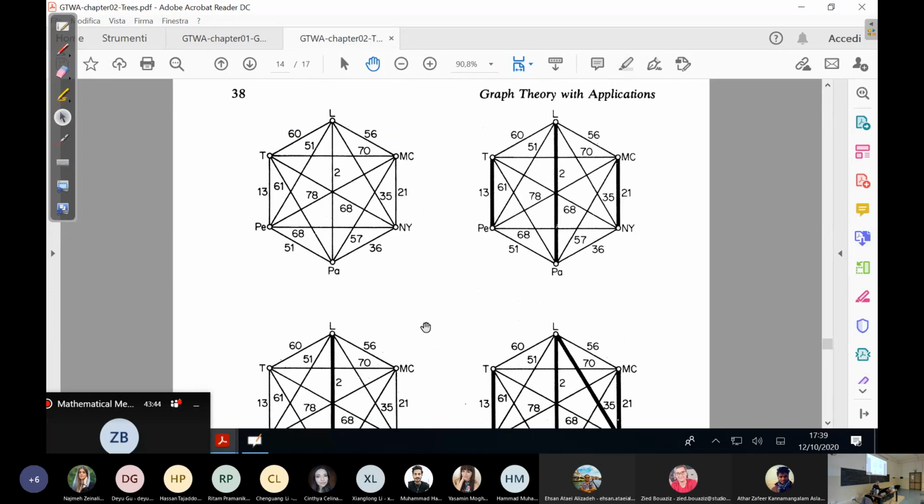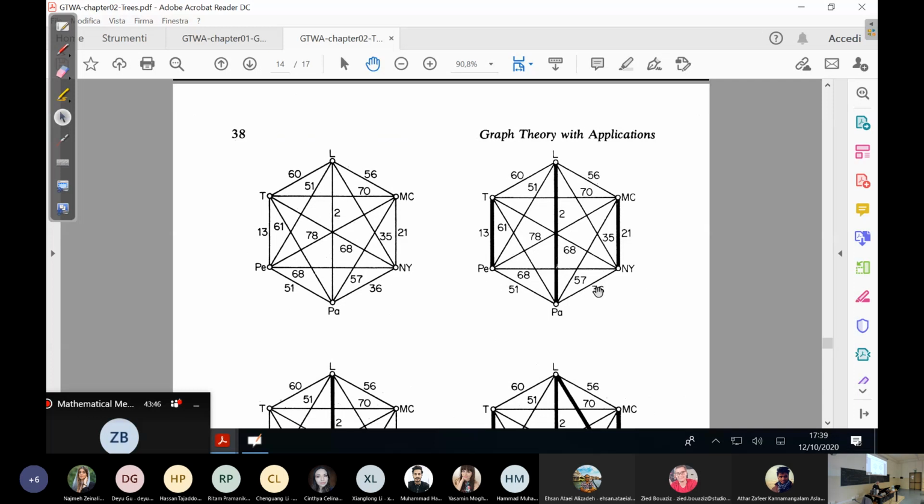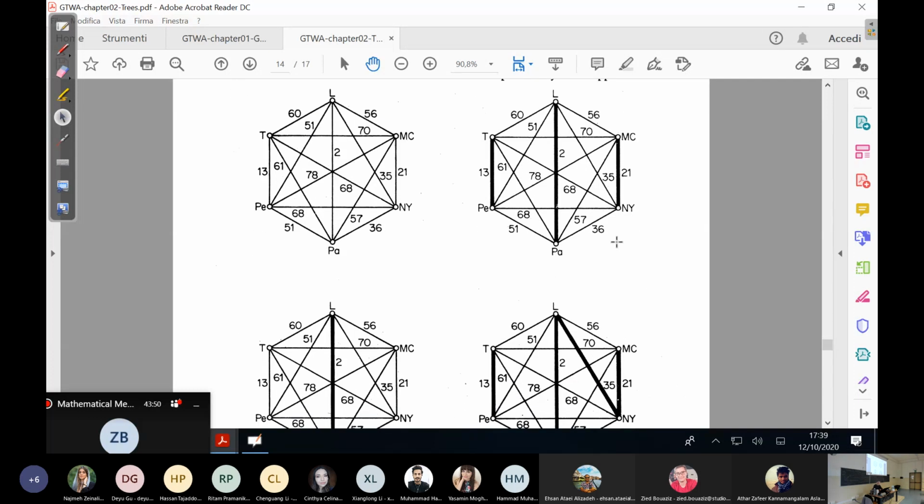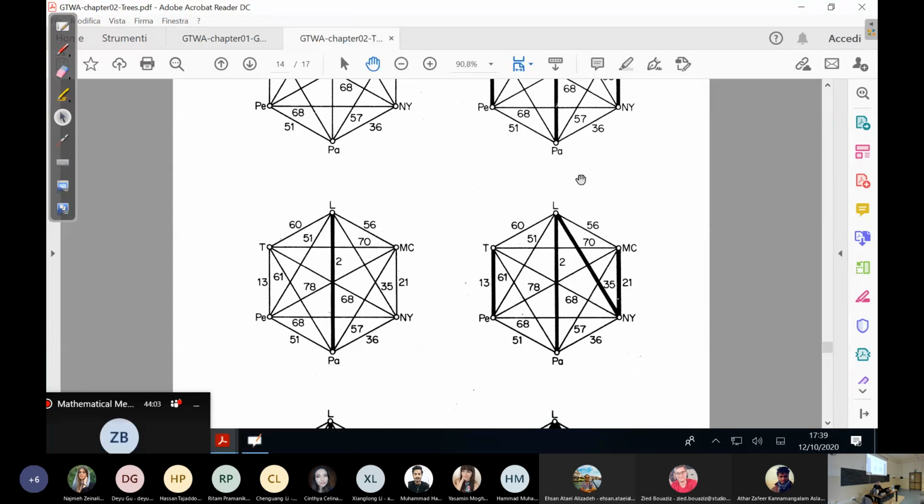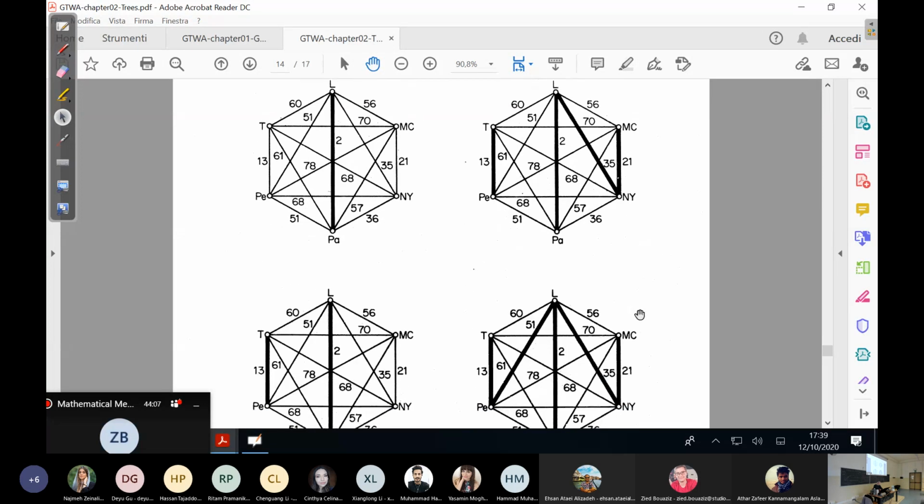Can we add it? Yes, because it does not close a cycle. Okay. So, next, what do we have? 35 is actually the smallest. Can we add it? Yes, because adding it does not close a cycle, okay?